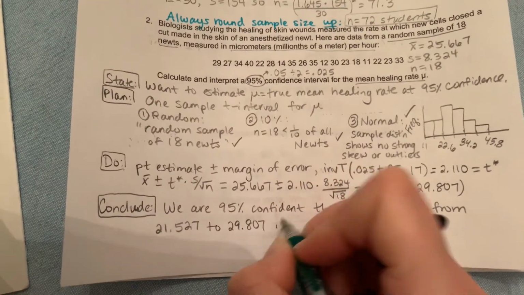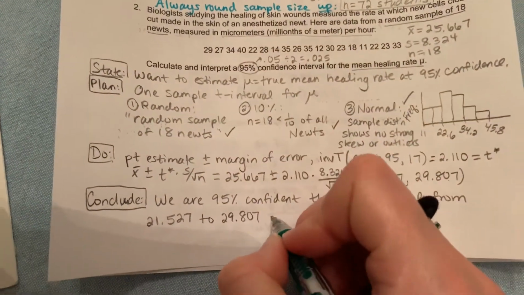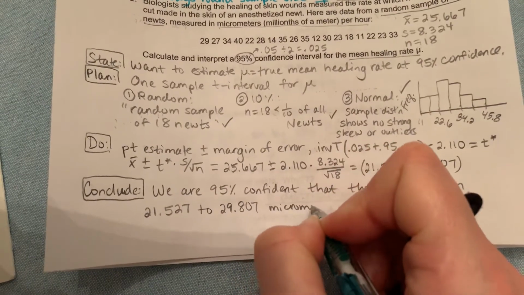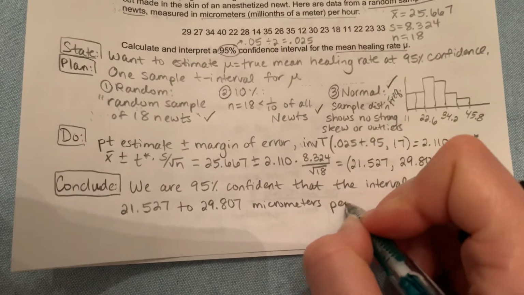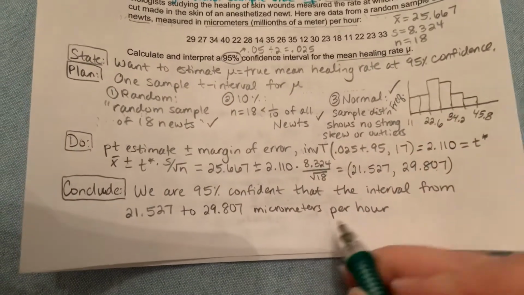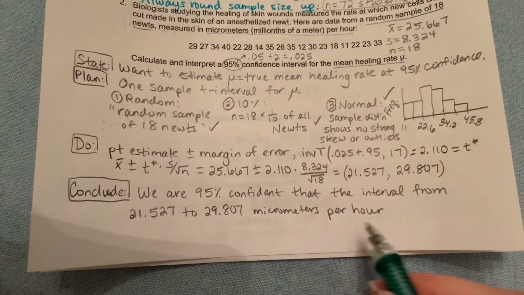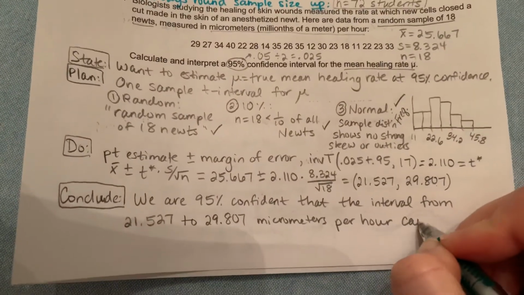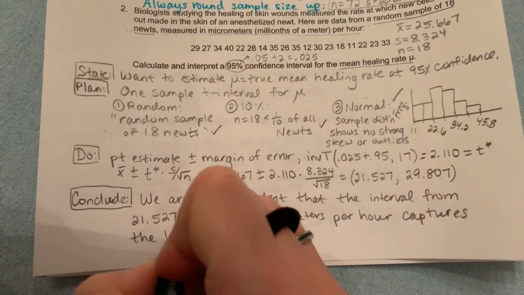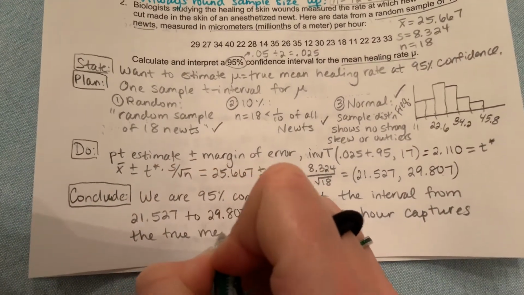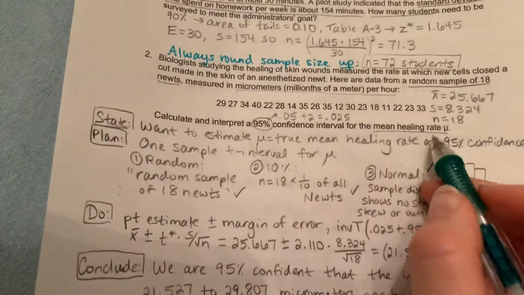Looking back up at the problem, it was micrometers per hour. So we're 95% confident that the interval from this to this micrometers per hour captures, and then I fill in the parameter, the true mean healing rate.